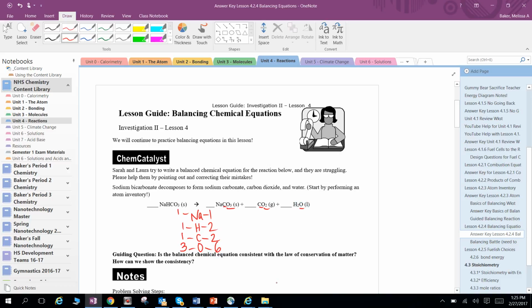Before we go any further, let's also check that the compounds are written correctly. So it says that sodium bicarbonate, that is correct, forms sodium carbonate, carbon dioxide, and water. I know carbon dioxide and water look correct, but sodium has a +1 charge and carbonate has a -2 charge.